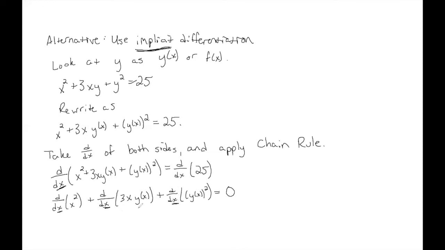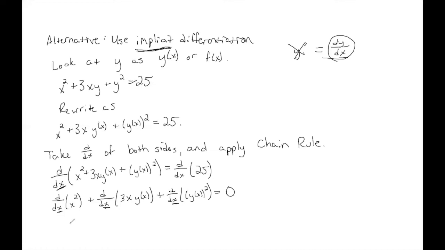So I'm going to move away from using that prime notation. Rather than writing y prime, I'm going to use dy dx because it's important what the independent variable is. So we're going to avoid this and use this instead.